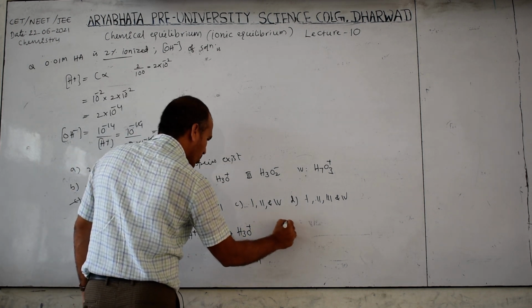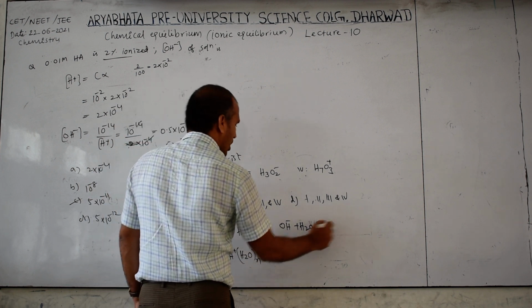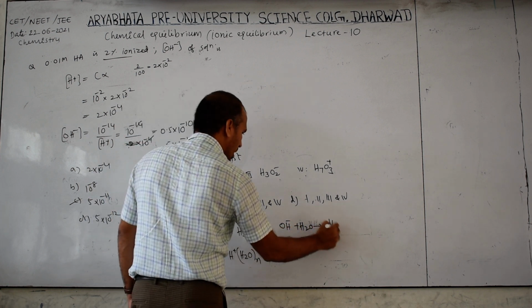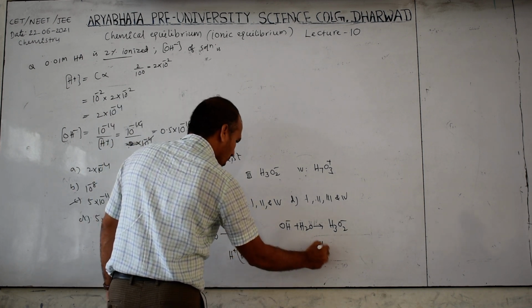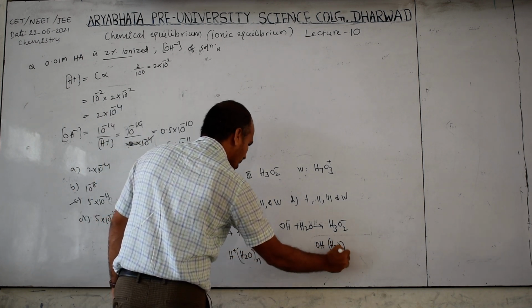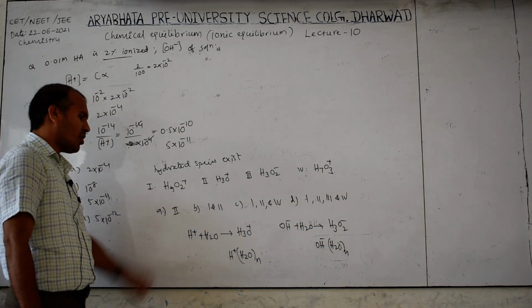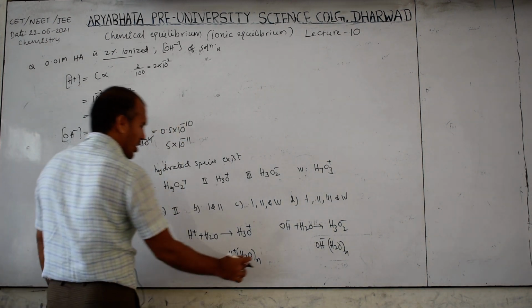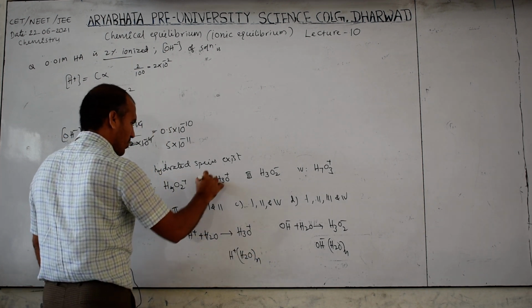Similarly, OH minus plus H2O will form H3O2 minus, therefore OH minus and H2O taken n times, like this. Therefore, whether this exists or not, you can check here. If n equals 1, then this exists, then the second one, okay.